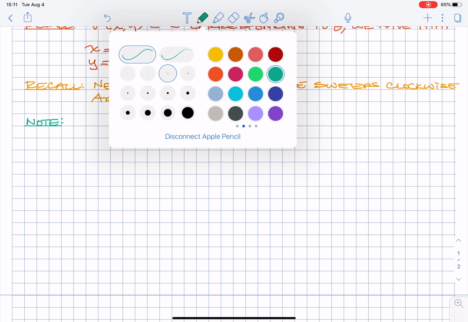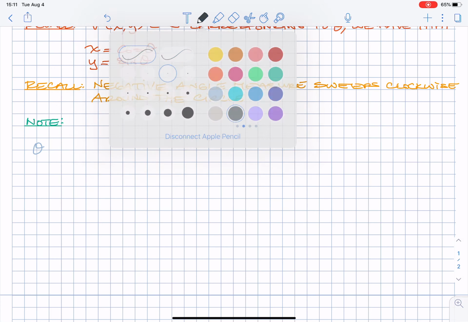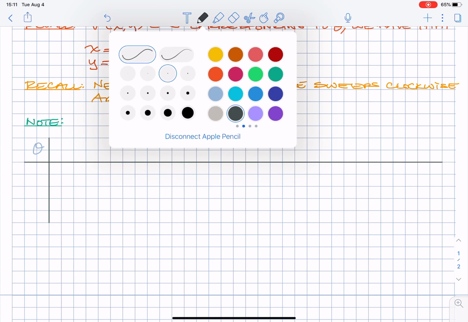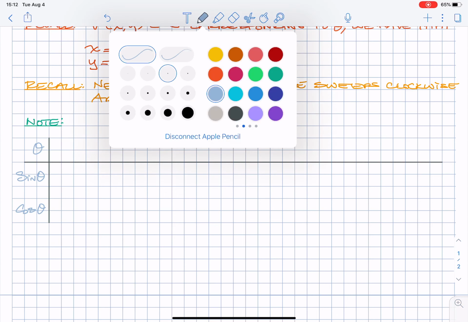Let's do theta versus cosine of theta, sine of theta, of specific angles. Let's do sine of theta, and then cosine of theta. Do I have enough room there?